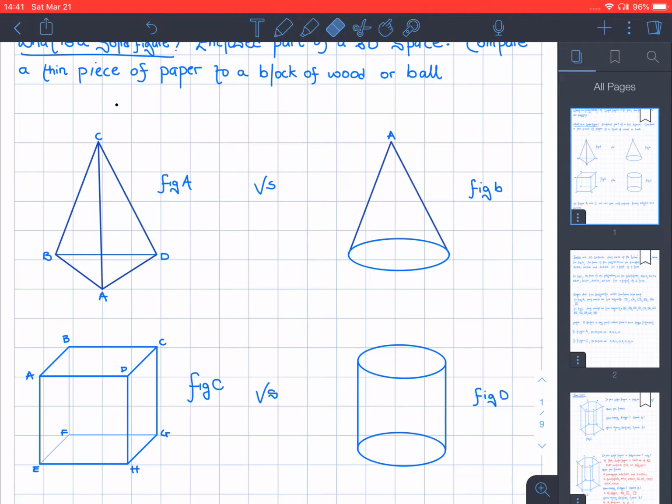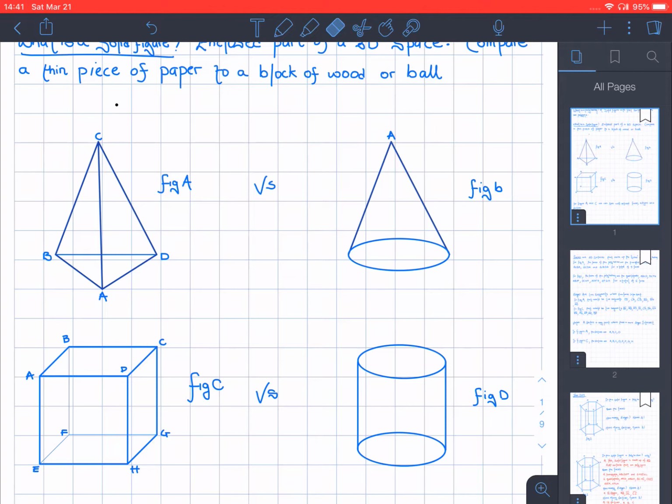If I shift left to figure B, I can see a cone. Think of an ice cream cone. You have a flat space, which is a circle.